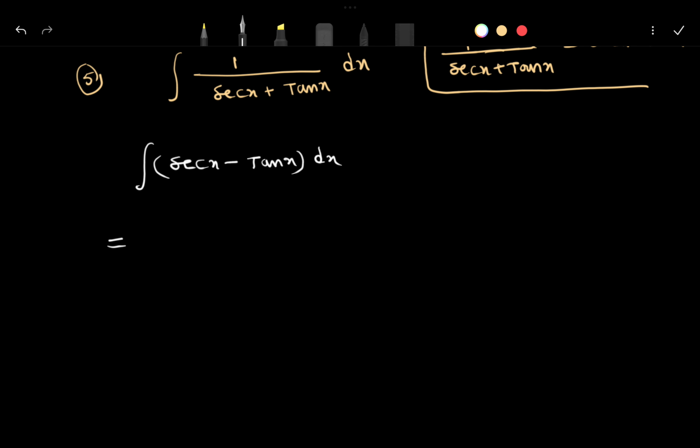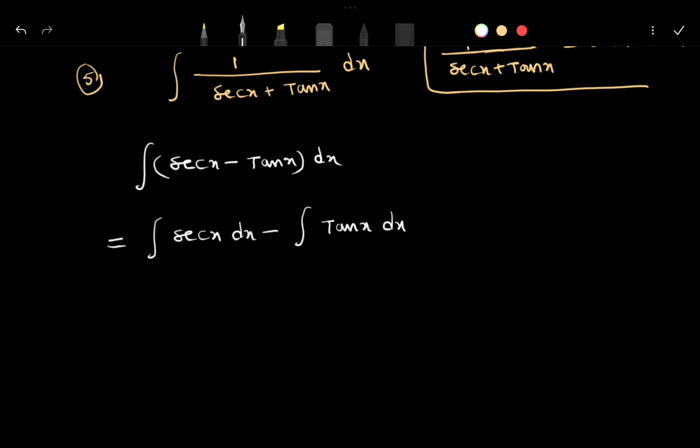We can split this value: integration of secant x dx minus integration of tan x dx. That is one method.